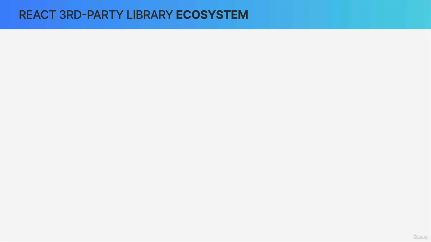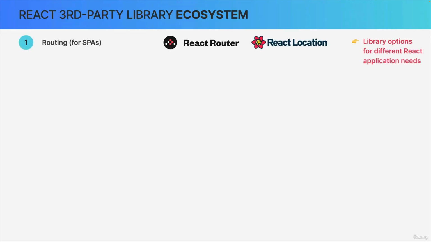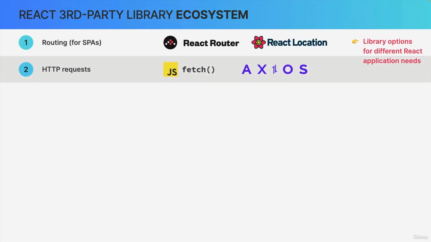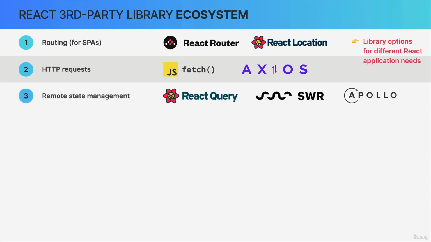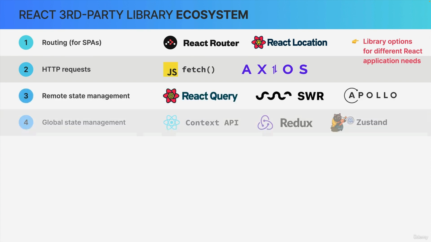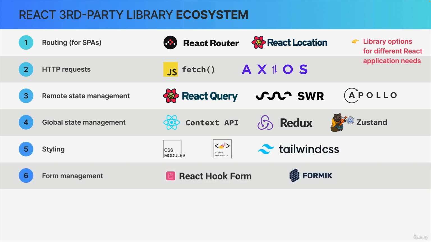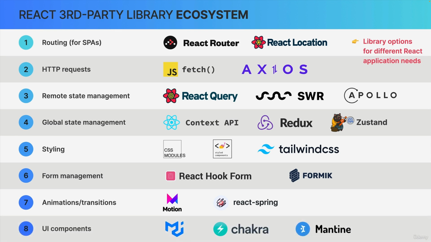So React's huge popularity has led to a really large ecosystem of libraries that we can include in our React projects for different needs like routing for single-page applications, making HTTP requests, managing remote server state, managing global application state, styling, managing forms, animations and transitions, and even entire UI component libraries.